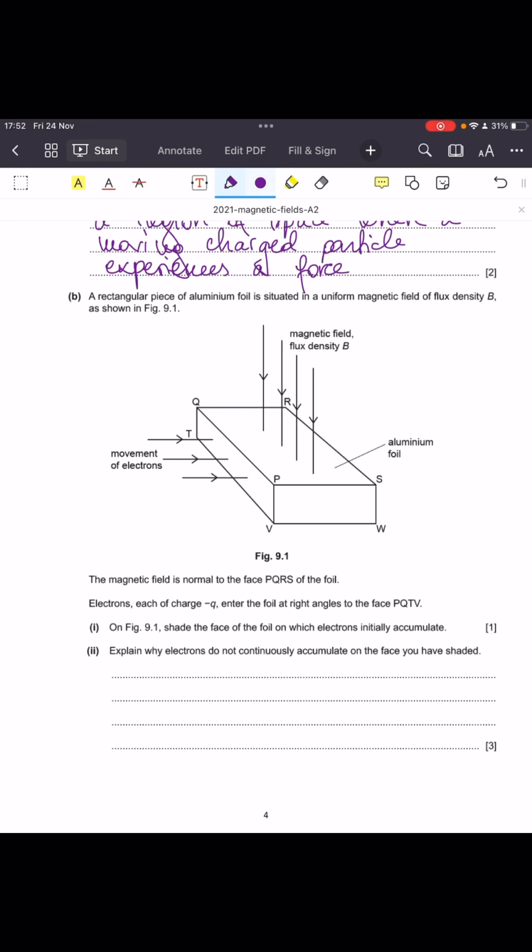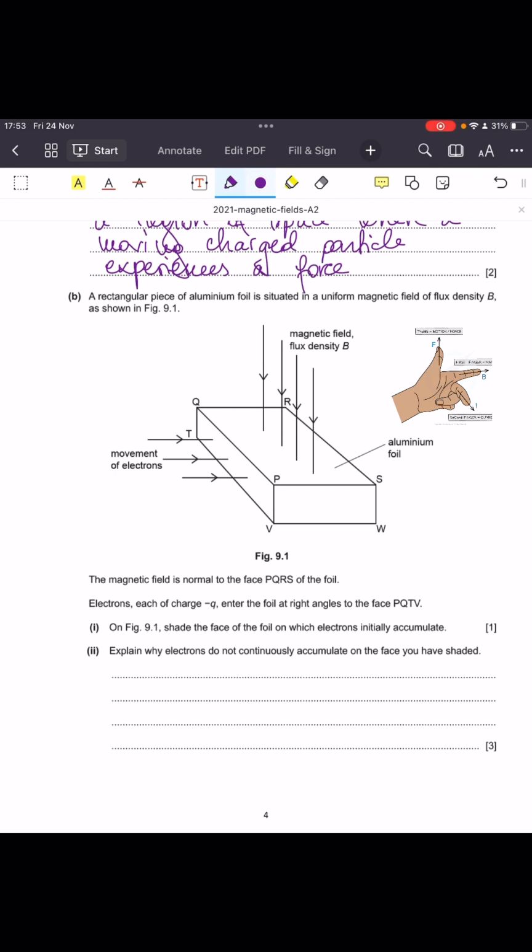Now, if you want to determine the face on which the electrons will initially accumulate, you have to use Fleming's left-hand rule. Fleming's left-hand rule will give you the direction in which the electrons will be forced to move. So, the thumb is the direction of the force, the first finger is the direction of the magnetic flux density, the magnetic field lines, and the second finger the direction of the moving particles.